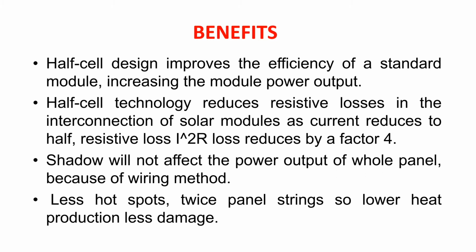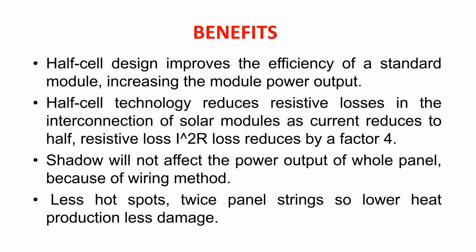In half cell technology, the resistive losses, I squared R losses, decrease by a factor of 4. As the current in half cell technology has been reduced by a factor of half, the resistive losses, I squared R losses, reduce by a factor of 4.